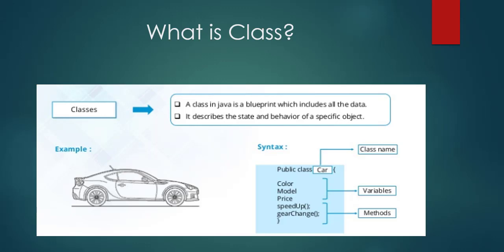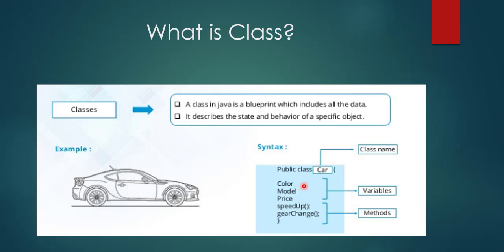Okay, so this is the syntax. You have to write a public keyword, then a class keyword, then you have to name the class. Like in this example, we have car. Car is a class name. Okay, then we have variables like color, model, price. Okay, these are the variables, and speed up and gear change are the methods.